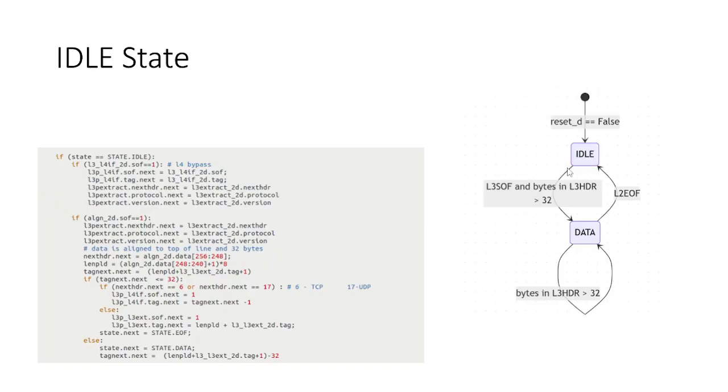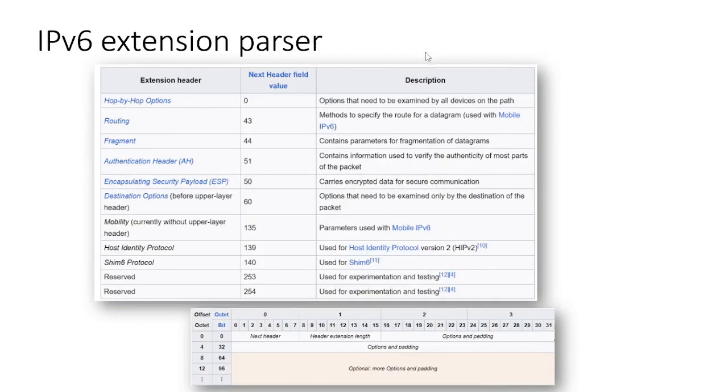We either finish up in the idle state or keep going in data, looping till all the header is exhausted. Once the header is exhausted, we will produce either an L3 extension SOF or an L4 SOF. What will that depend on? It depends on the next header field inside the extension headers, as we said before.